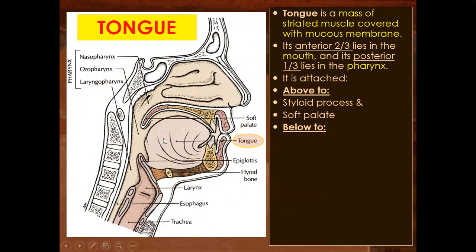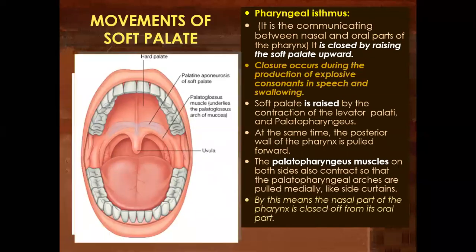If you saw the previous picture, you saw that it is attached to the soft palate. The muscle passing from here is called the palatoglossus. Glossus means tongue, and the palate is connected, so it is called palatoglossus.